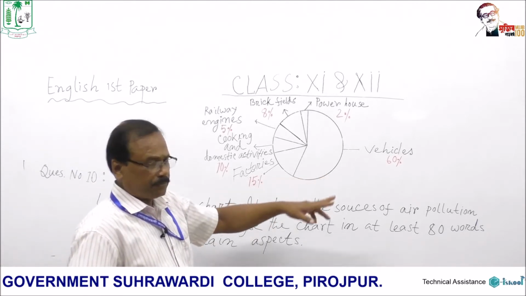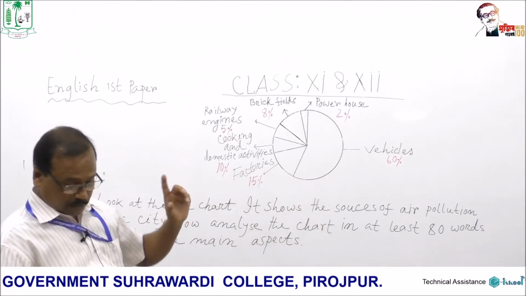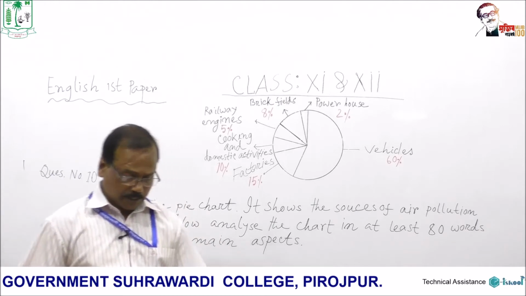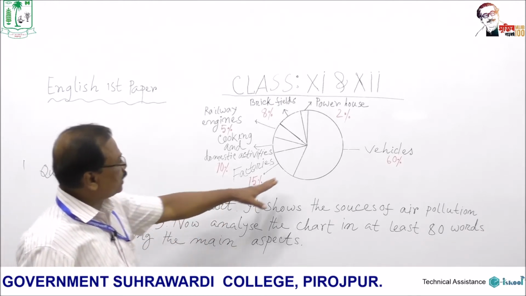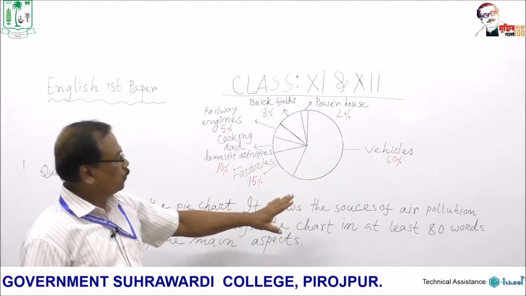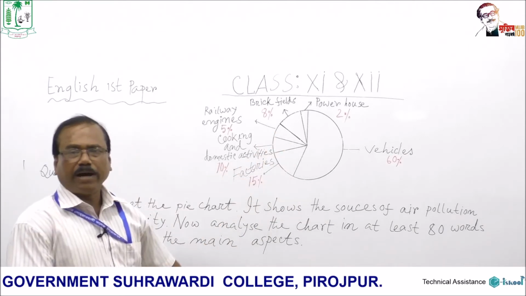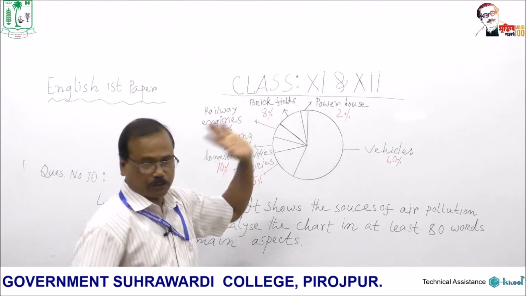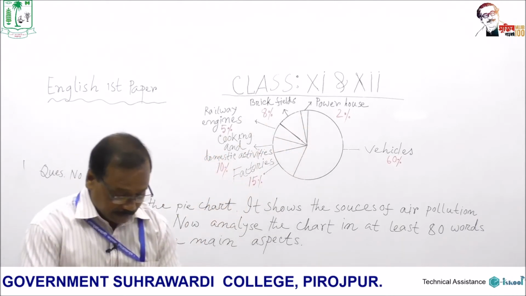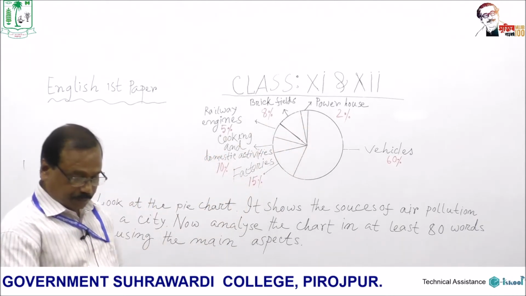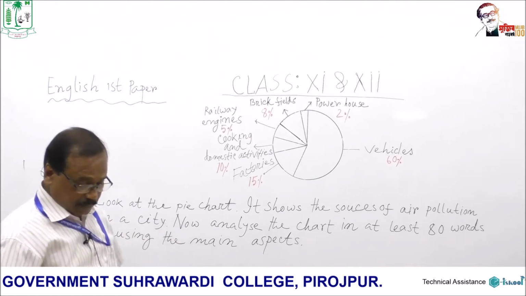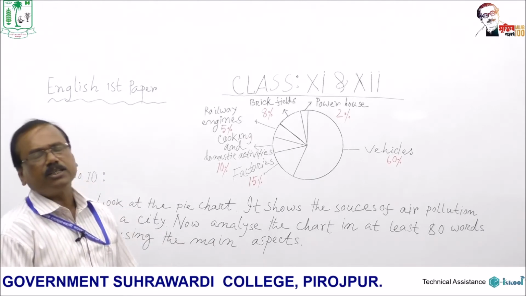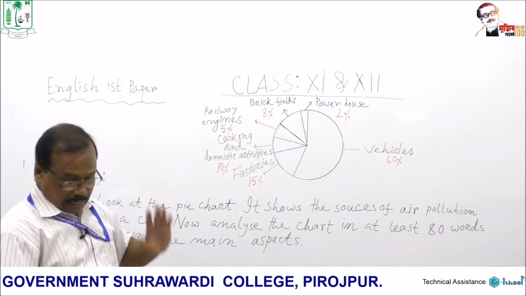This is the second sentence. It is quite clear if you look at the pie chart. This is 1, 2, 3, 4, 5 and 6. Very easy. There is that in the chart we see 6 kinds of sources of air pollution.